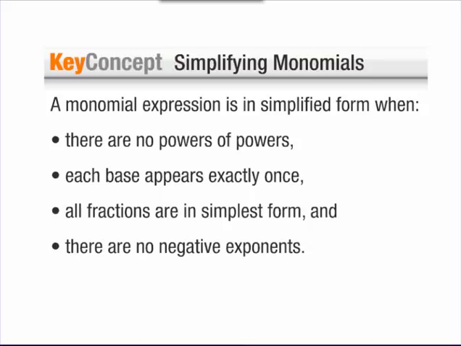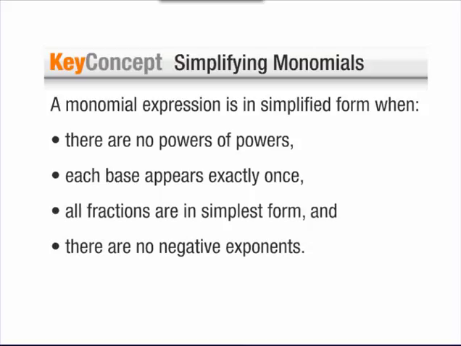When all fractions are in simplified form, and there are no negative exponents. Okay, so no powers of powers. Each base appears exactly once. All fractions are in simplest form, and there are no negative exponents. Can't have negative exponents.